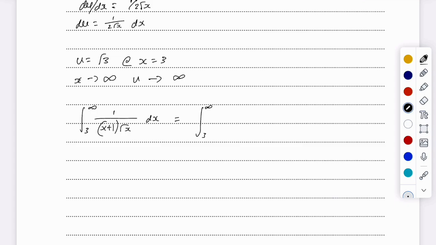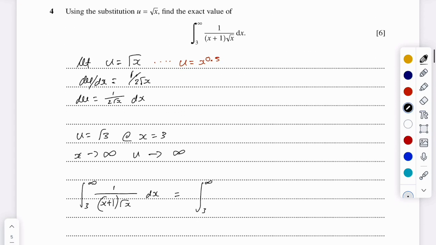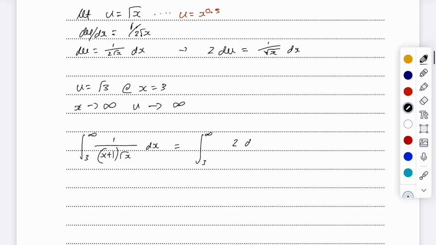All right, dx is going to equal what? Well, 2 du is going to equal 1 over root x dx, okay? And so what we get then is 2 du over u squared plus 1, all right?